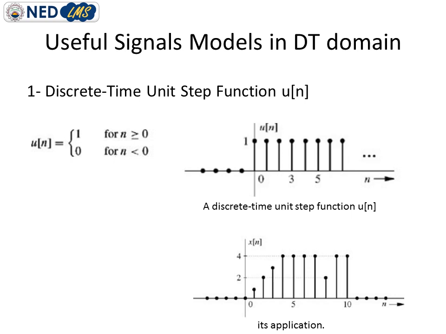The discrete time counterpart of the unit step function u(t) is now u[n]. u[n] is equal to 1 for all samples n greater than or equal to 0, and u[n] is equal to 0 for all samples before n equals 0.